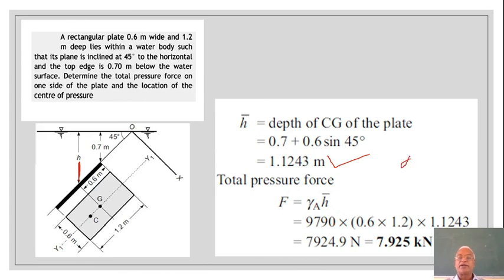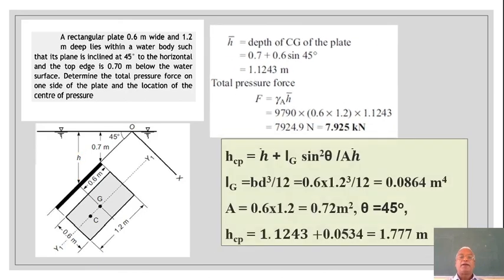You can as well take 9810, but in this particular example, it's a solved example where the value has been taken as 9790, but hardly it makes a difference. 9810 Newton per meter cube would be the water unit weight. Area is given by 0.6 into 1.2. h bar, which is 0.7 plus 0.6 sine 45, is 1.1243. This gives you the total force, 7.25 kilonewton.